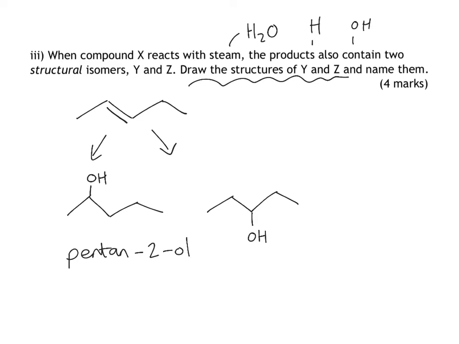So it's pentan now, not pentene, because it's now saturated, we've lost the double bond. So don't call it pent-2-ol, be careful about that. The 2, because the OH group is on the 2. And then this would be pentan-3-ol. So fairly generous, as long as you work out what's going on. You get 4 marks for 2 relatively easy structures and 2 relatively easy names.